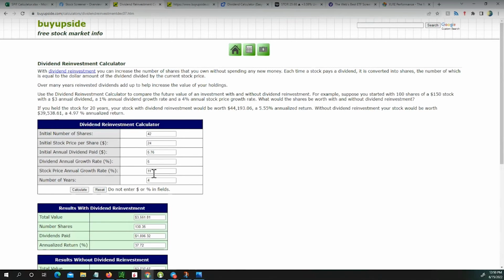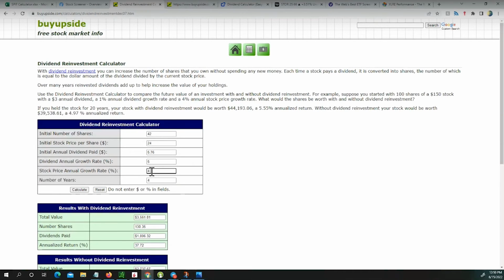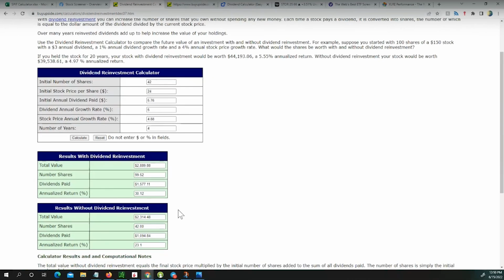But the process was we found the dividend growth, and then we find the stock performance in that time frame. It's 4.88, same 4 years. They must have done not so well back a few years ago. And as you can see, actually, that's the case.